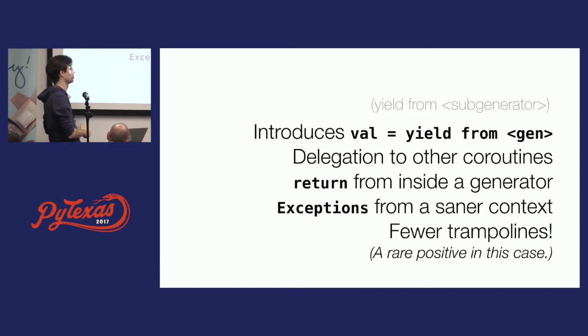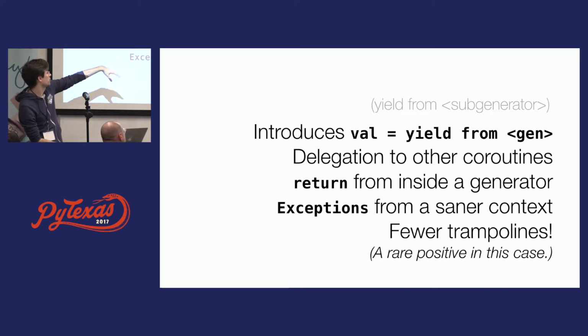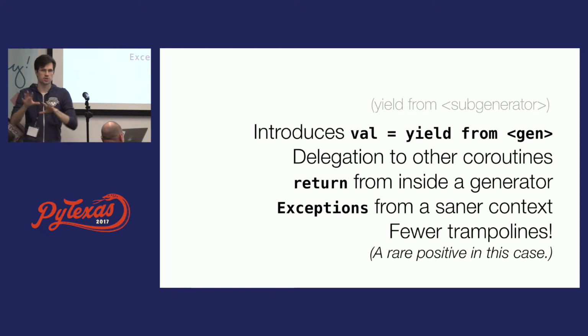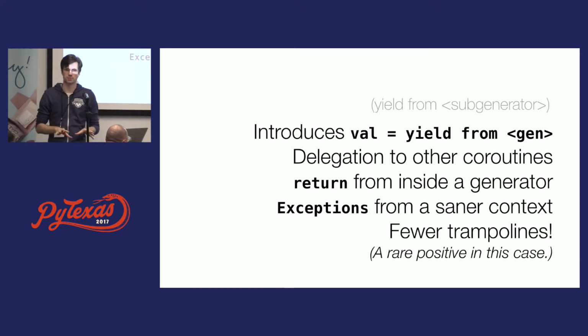You have to sort of learn to operate with exceptions as return values. So that's weird. And yield from solves that for us. Now we actually get a return statement, so you can return early whatever you need to. And exceptions are saner. You get exceptions that make a little bit more sense. Your tracebacks and other things make a little bit more sense because you're able to inject those all the way down the generator stack, and fewer trampolines.